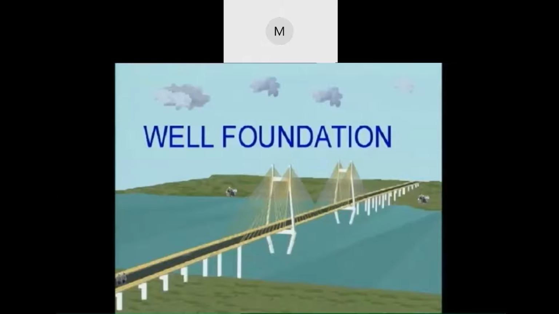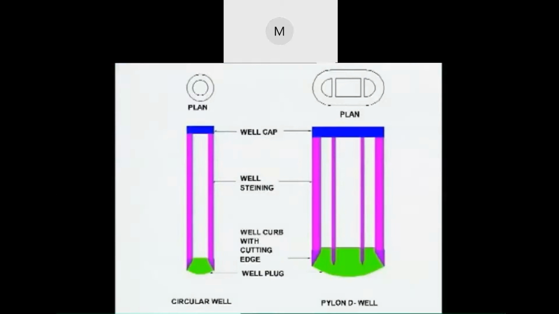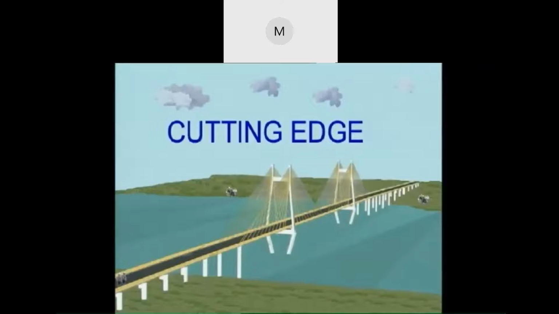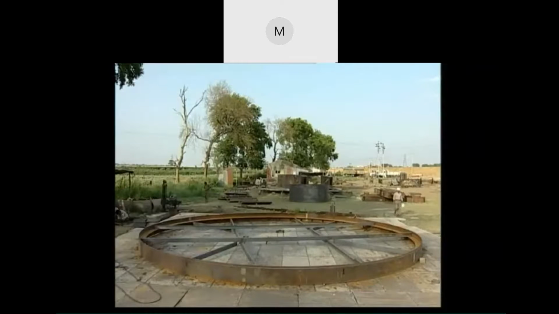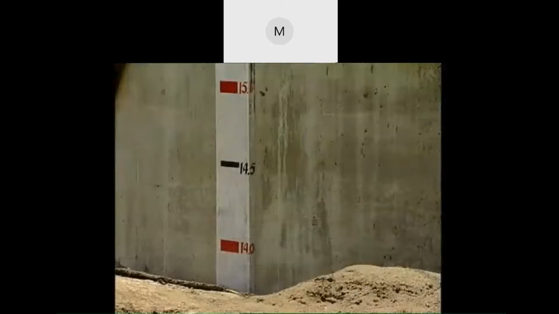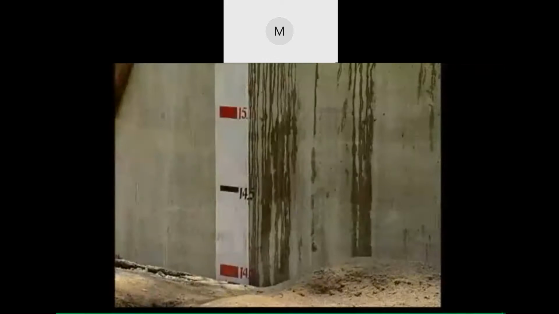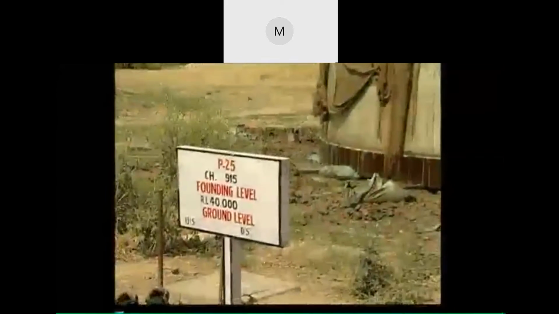Well foundations. The well foundation work is executed in the following stages: cutting edge, well curb, staining, bottom plug, and well cap. Cutting edge. The cutting edge serves to cut through the soil strata and facilitates the sinking of the well to the desired founding level.